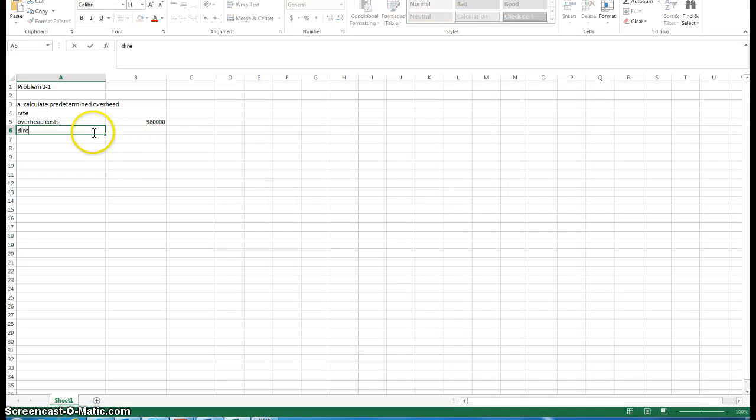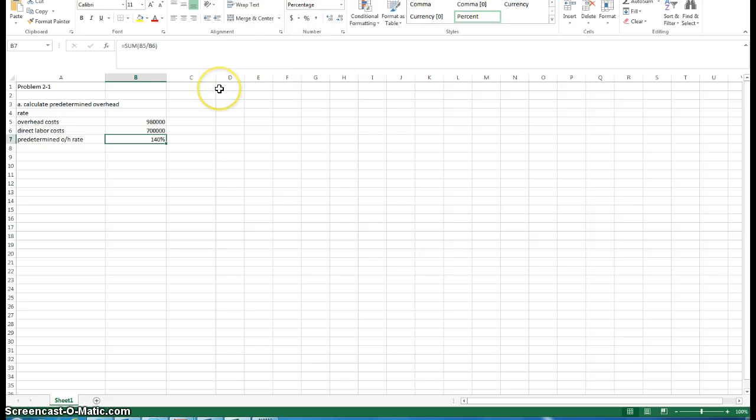So if we have the direct labor costs of $700,000, what we know is we're applying the overhead based on direct labor costs. So the predetermined overhead rate is going to be calculated by taking our overhead costs, dividing that by our direct labor costs, which shows to be 1.4.